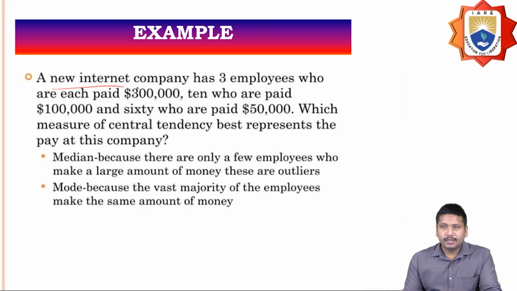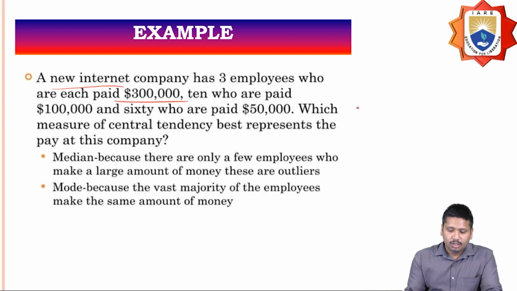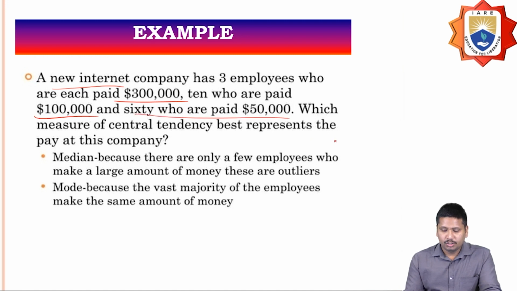A new company has three employees who are paid around 3 lakh dollars, some who are paid 1 lakh dollars, and 60 who are paid $50,000. So, which measure of central tendency best represents the pay at this company?